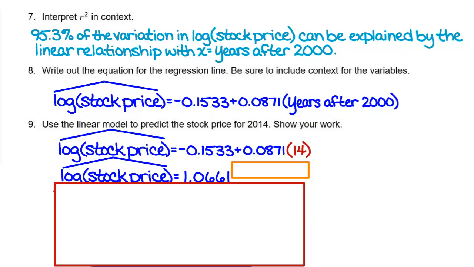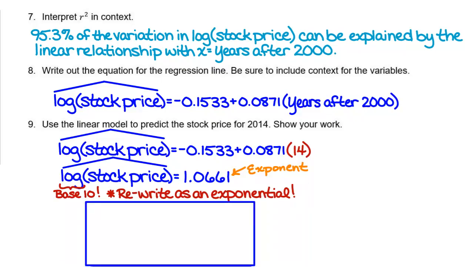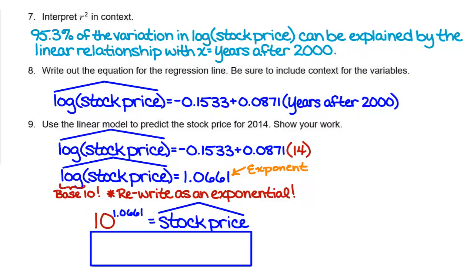So put 10 to the power of this, 10 to the power of this. Or you can just rewrite this as an exponential, where 1.0661 is your exponent. So we're going to take the base of, what did we say the base on log was? 10. So 10 to the power of 1.0661 equals stock price.